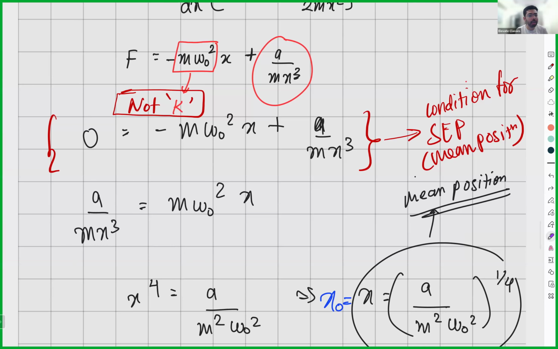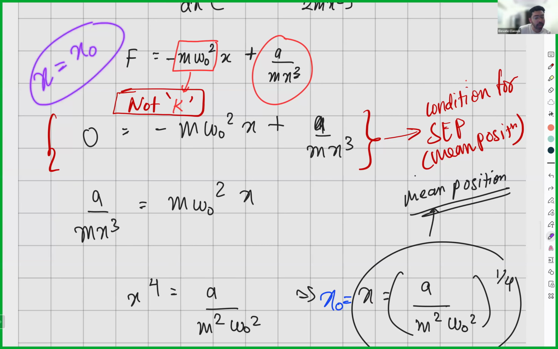Now you find the stable equilibrium point. You have to find x equal to x naught, which is the stable equilibrium point. For doing that, you equate force to zero. Force को zero से equate कर दो. Why? Because at the stable equilibrium point, the force is zero, right? Like imagine a system oscillating in SHM. What is the force at the mean position? It is zero, right?